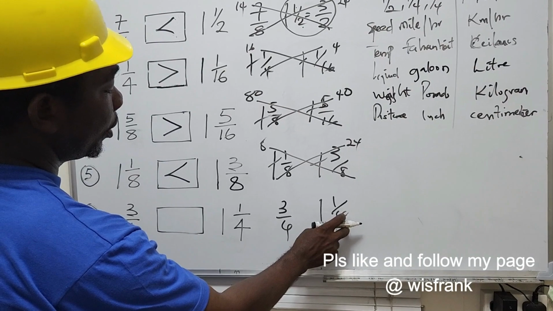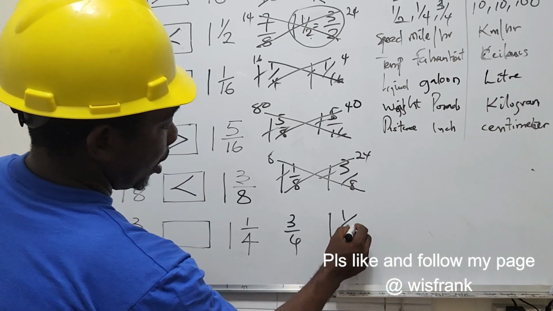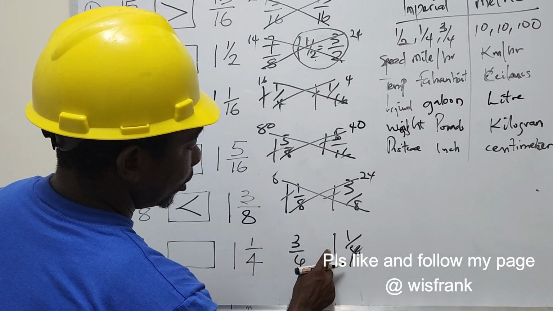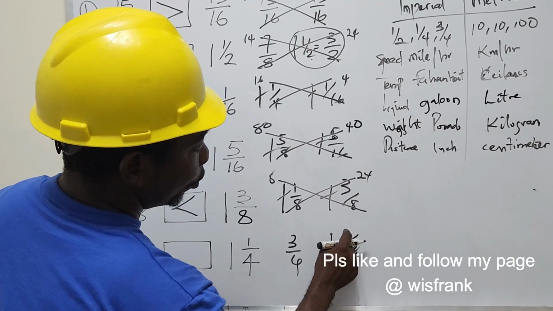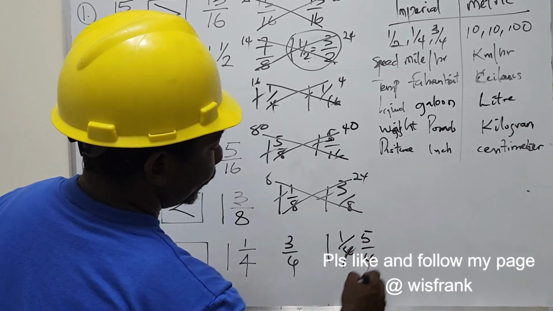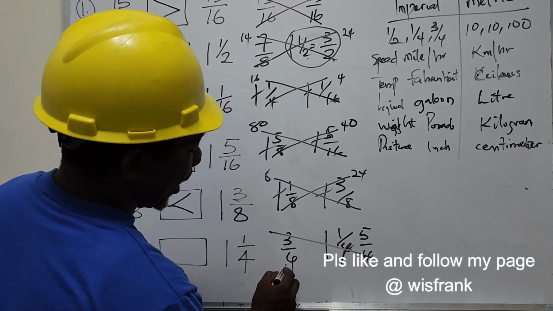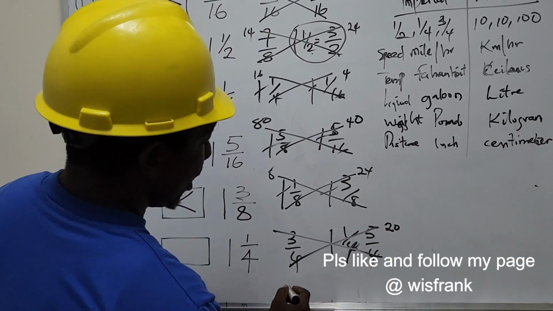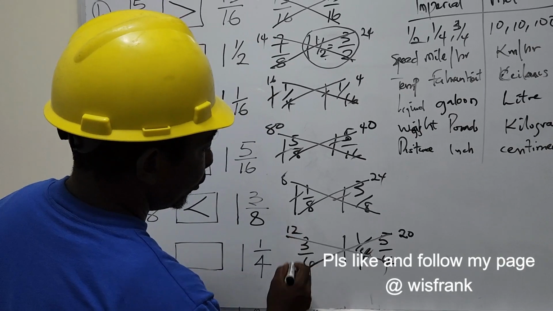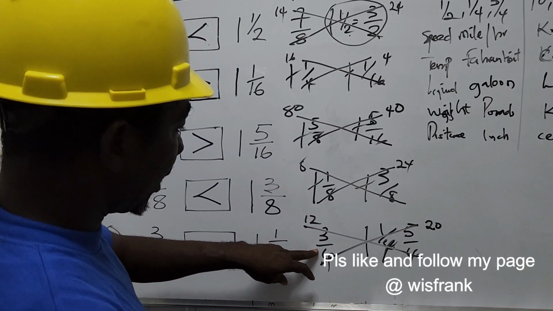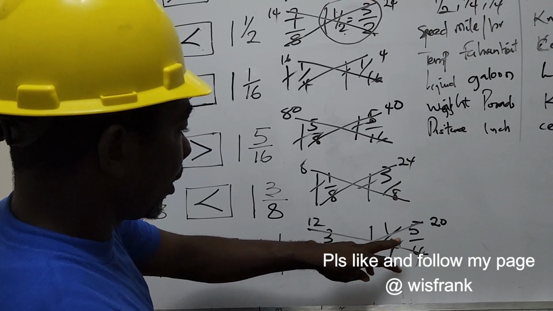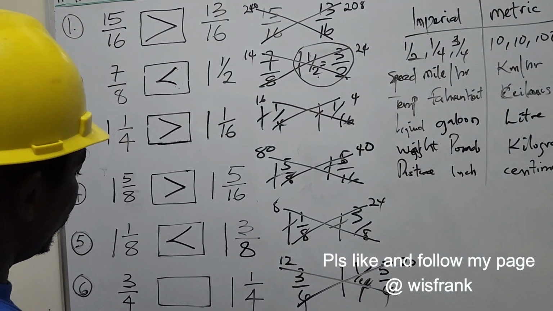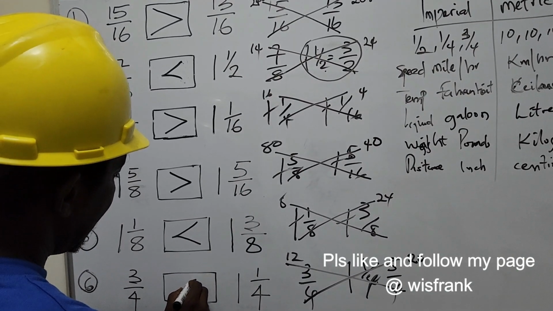We have to turn this into a fraction. So we have 4 times 1, 4 plus 1, 5, then 5 all over 4. If we cross multiply 4 by 3 and 4 by 5, we have 12 and we have 20. So 3/4 is less than 5/4, and we bring in a sign of less than.